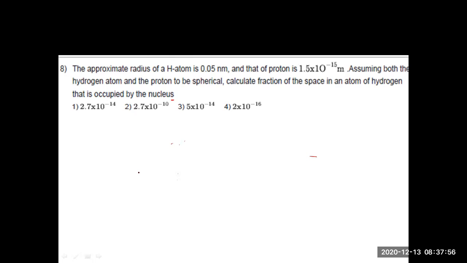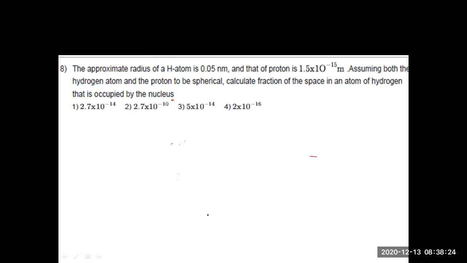Okay, they have given the radius of hydrogen and that of the proton. Assume both are spherical. Because you know the formula for the volume of a sphere, using that you can calculate the fraction of the space that the nucleus occupies in the hydrogen atom.